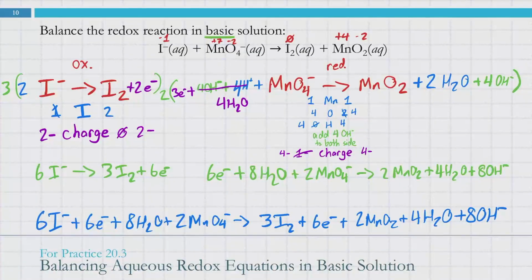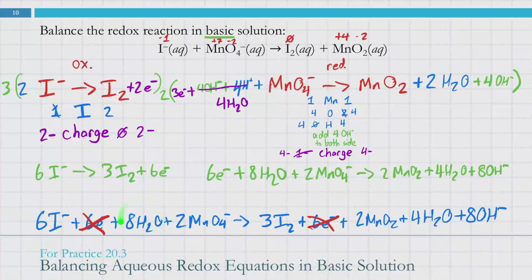We get this whole thing. What fun. And then we can cancel out our electrons. And we're done, right? Aren't we done? We're not done. And not just because we didn't check it.